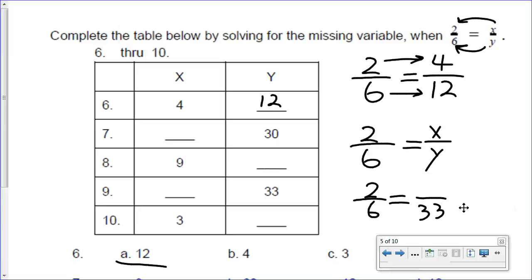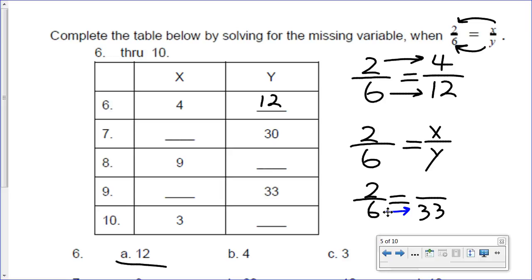Okay, I'm back. Sorry about that. Okay, same thing. There is some number you can multiply 6 by to get 33. Oh, change colors. Go back to black. So now, how do you determine what you can multiply 6 by to get 33? Well, you can actually just divide 33 by 6.